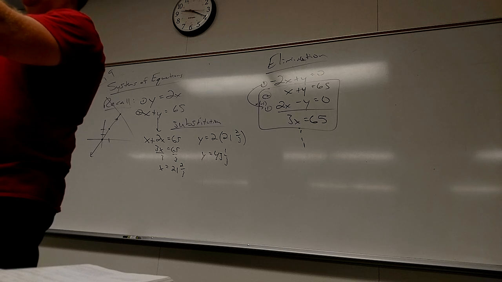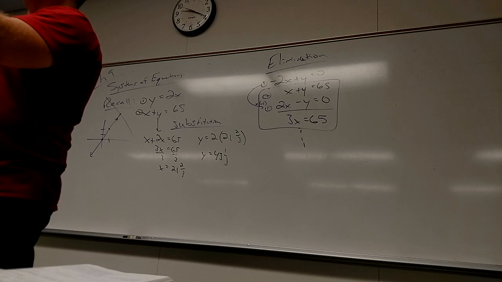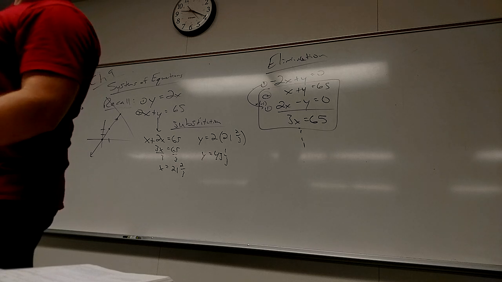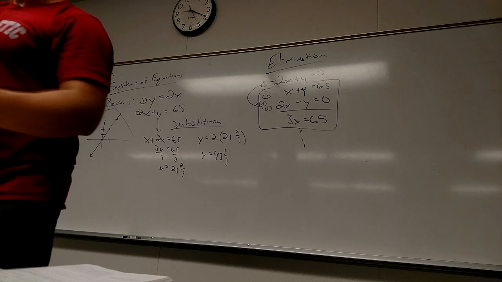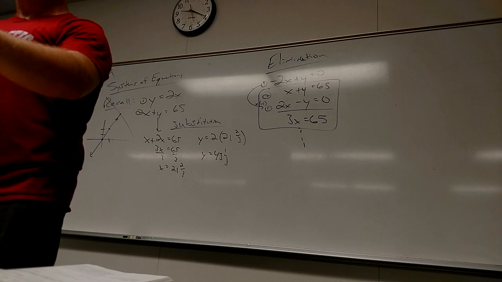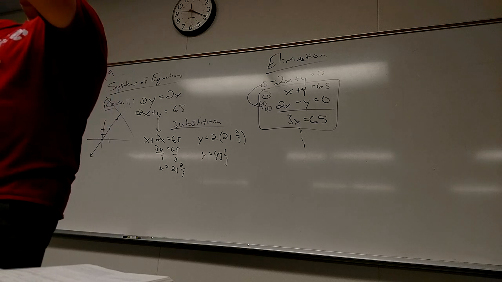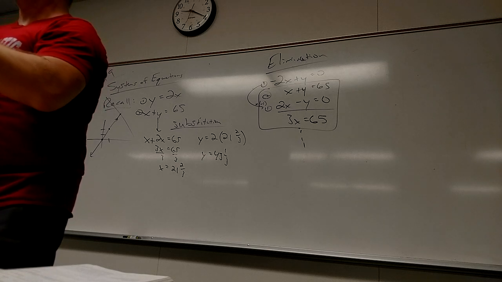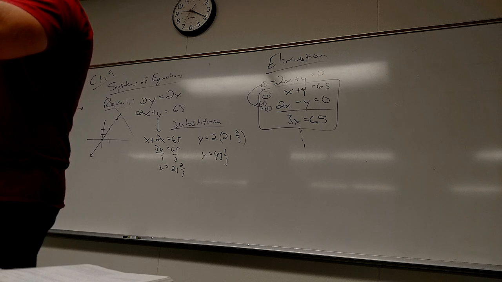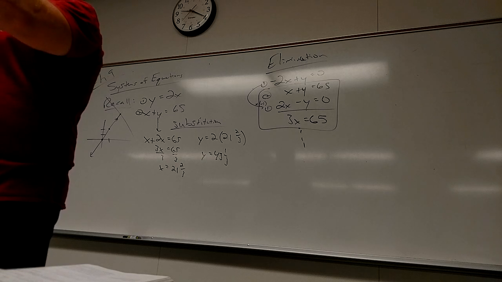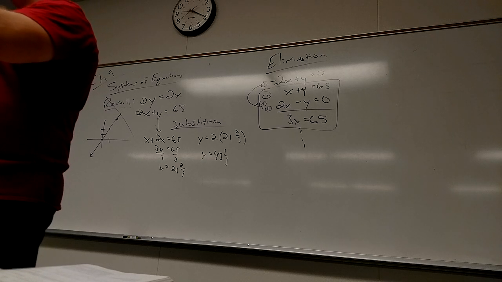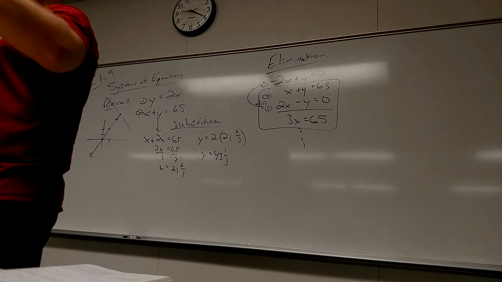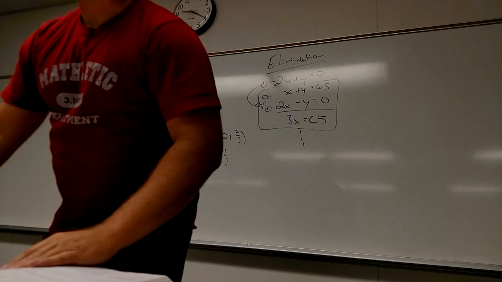And once you bring in another plane, they could do all kinds of weird things. So when I have systems of three equations, there actually are more ways for there to be no solution than normal, because to get three planes to line up to one point takes quite a bit of work. Thankfully, most of our answers are not going to be no solution. Most of them are going to have a solution.